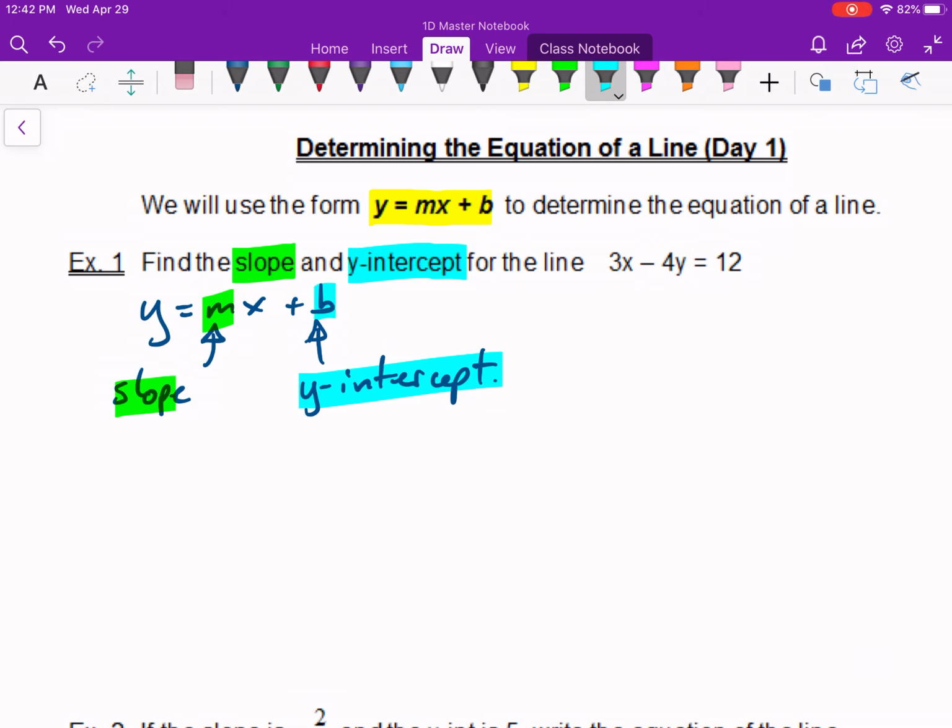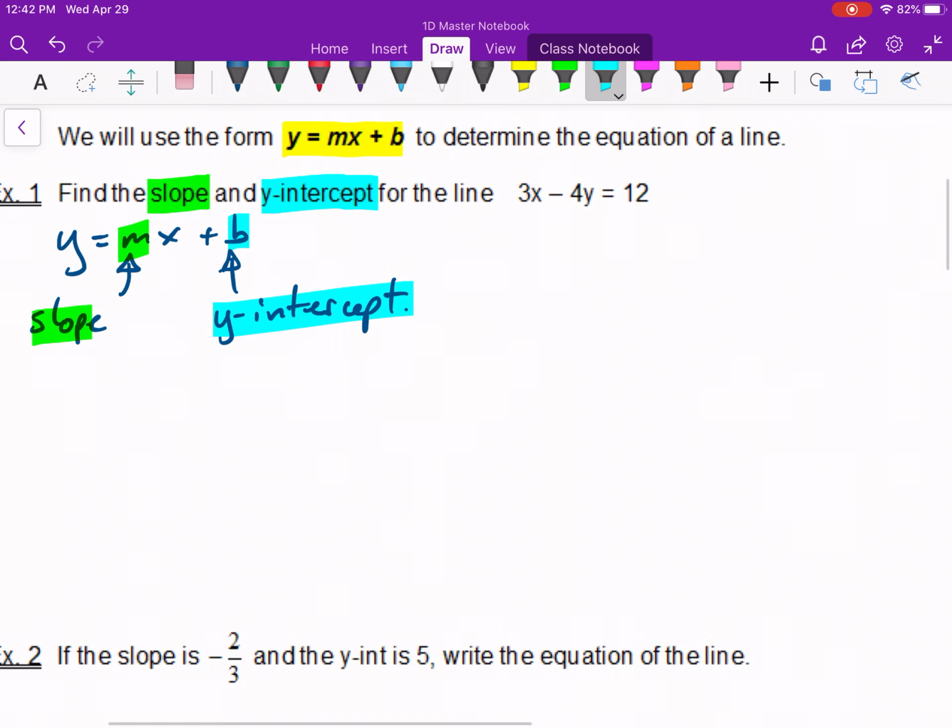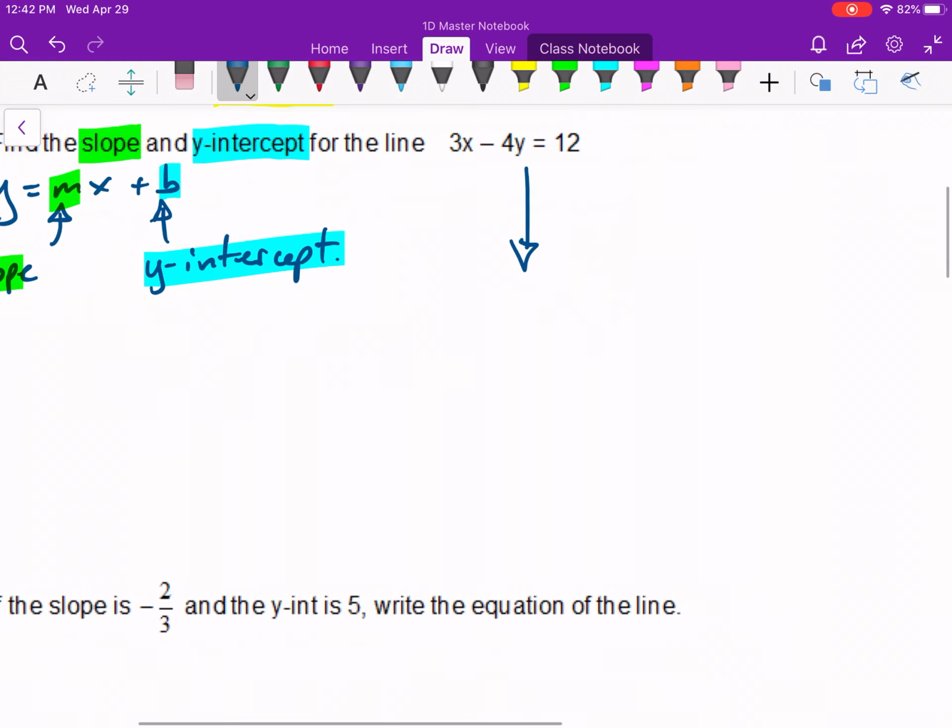I need to have an equation in this form where y is by itself on the left-hand side, and then the number in front of x will be my slope, and the number that's by itself will be my y-intercept. So if I take the equation 3x minus 4y equals 12, I'll rearrange it like I'm solving an equation, except I'm just going to get y by itself.